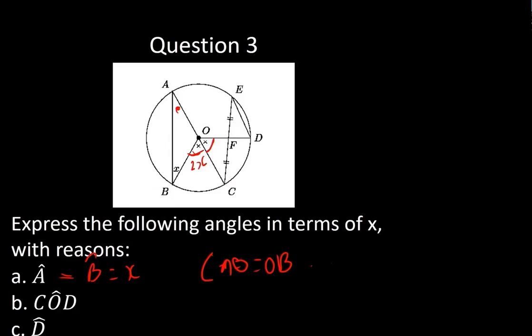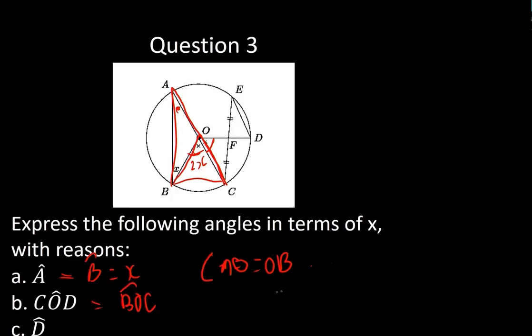They told you this. Another way some of you might see this is if I join chord BC, then I get the angle at the center is 2 times the angle at the circumference. However, whichever method you use, you should get that angle COD is equal to angle BOC.